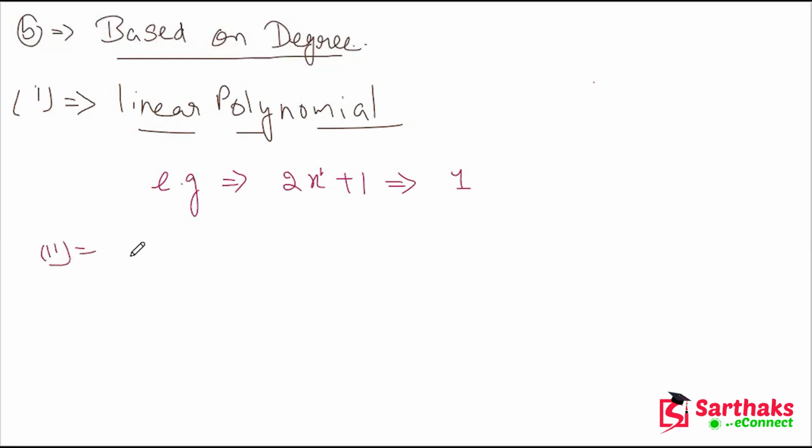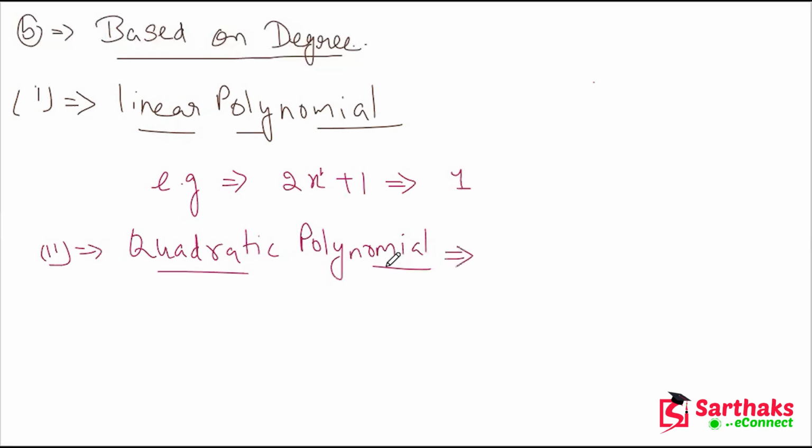The second one is quadratic polynomial. What is a quadratic polynomial? Quadratic polynomials are those polynomials whose maximum degree is 2. So a polynomial of degree 2 is called a quadratic polynomial.